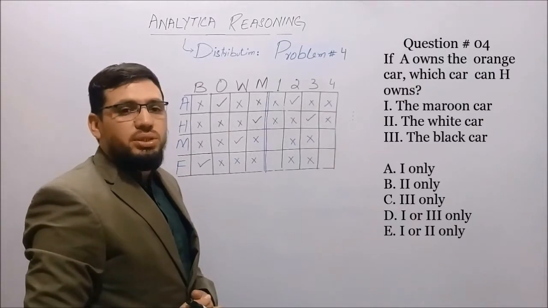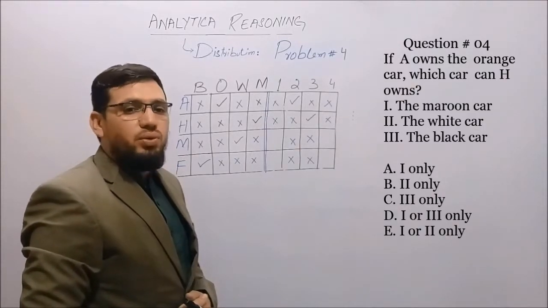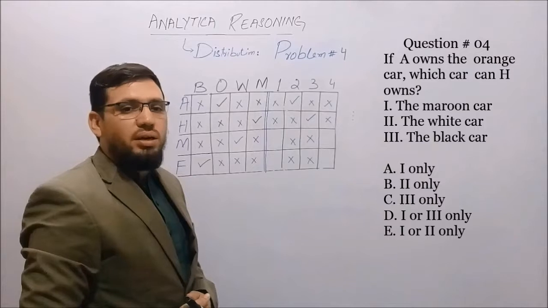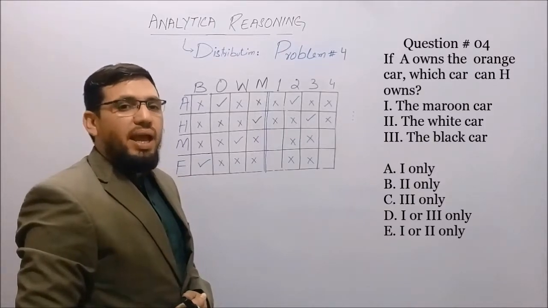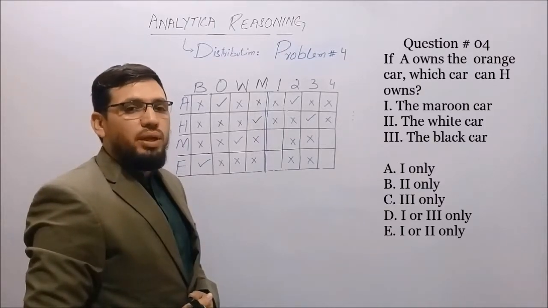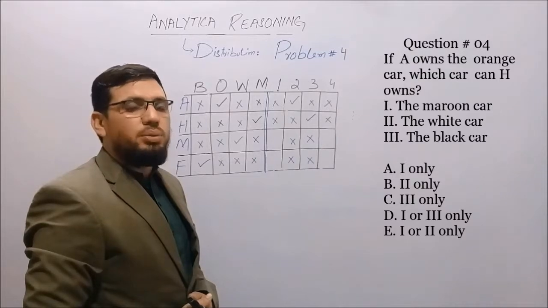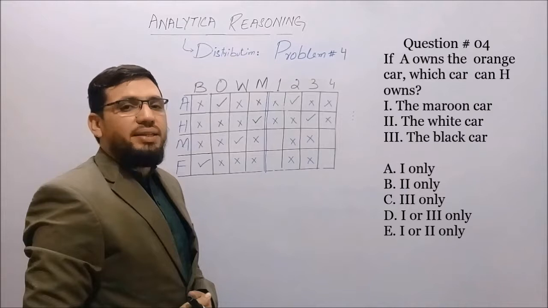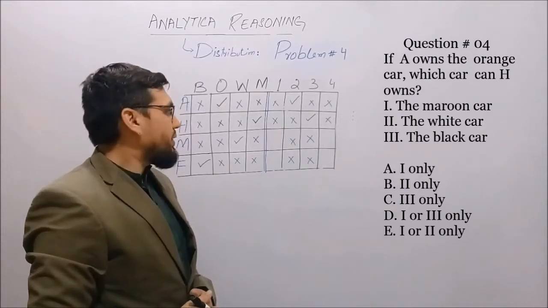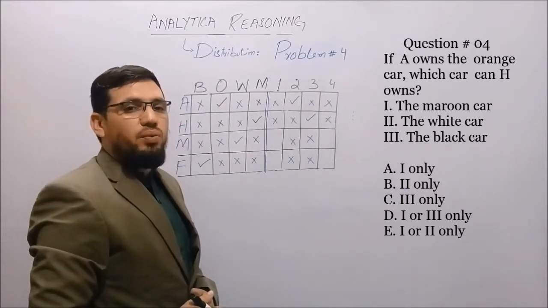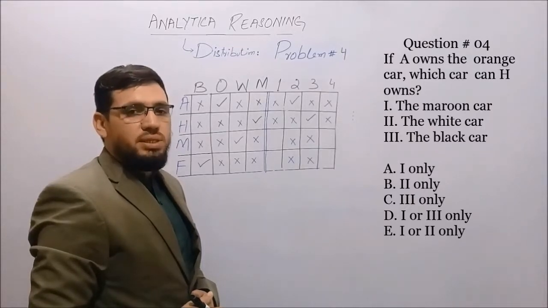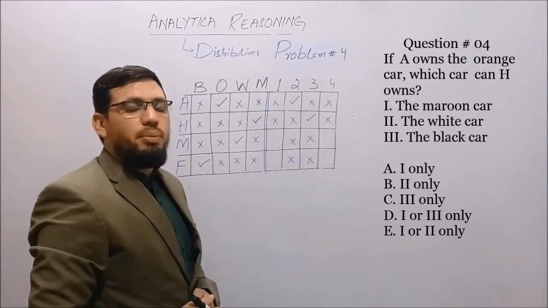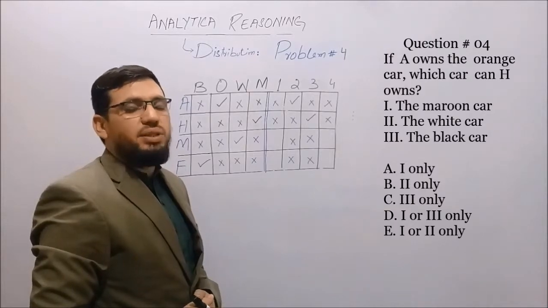Right now the options we have are the maroon one, the second one is the white car, and the third one is the black car, and then each of the above is settled with options A, B, C, D and E. But you can see that the correct option we have is option A, only the first option, which is about the maroon one, that H has the maroon car.